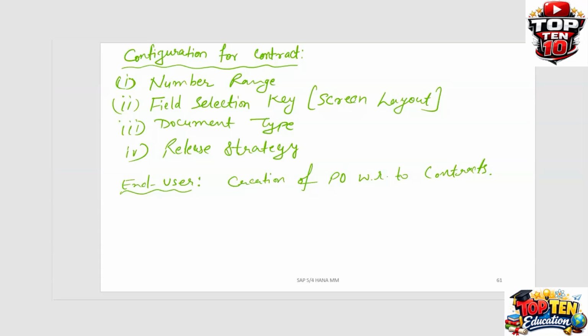ME21N, ZPU, item overview. Enter quantities. So just go to quantities, maintain 200. Now see, is there any message?